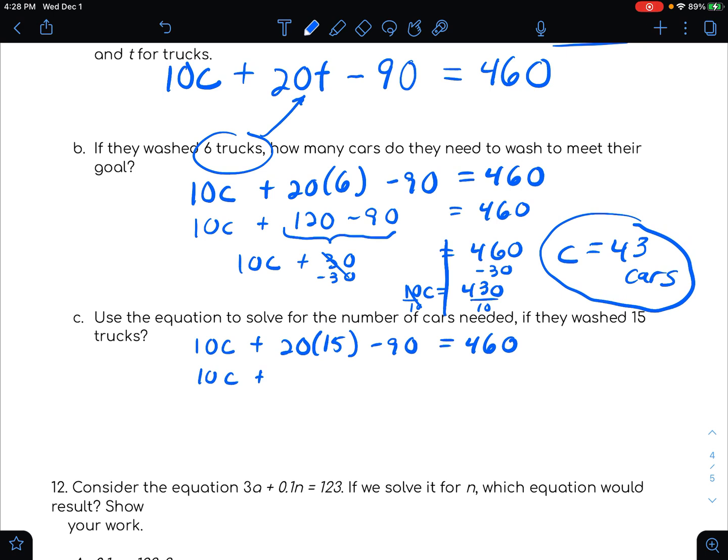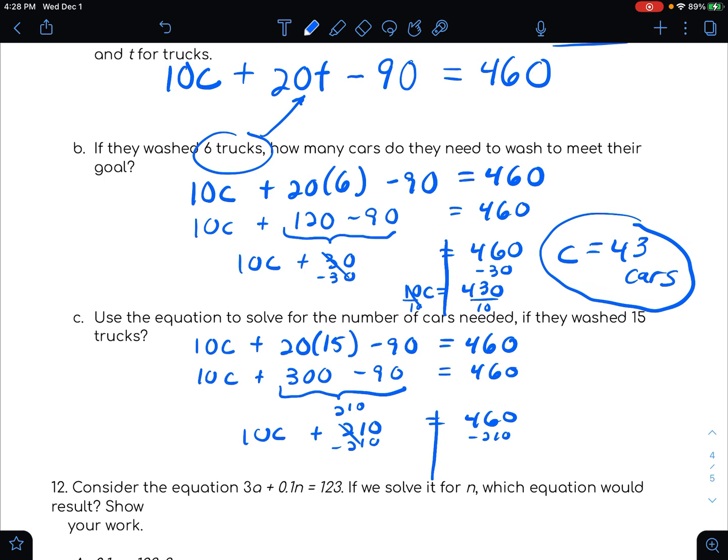So that'd be 10C plus, let's see, 20 times 15 would be 300 minus 90 is equal to 460. These two together would be what, 210? So 10C plus 210 equals 460.